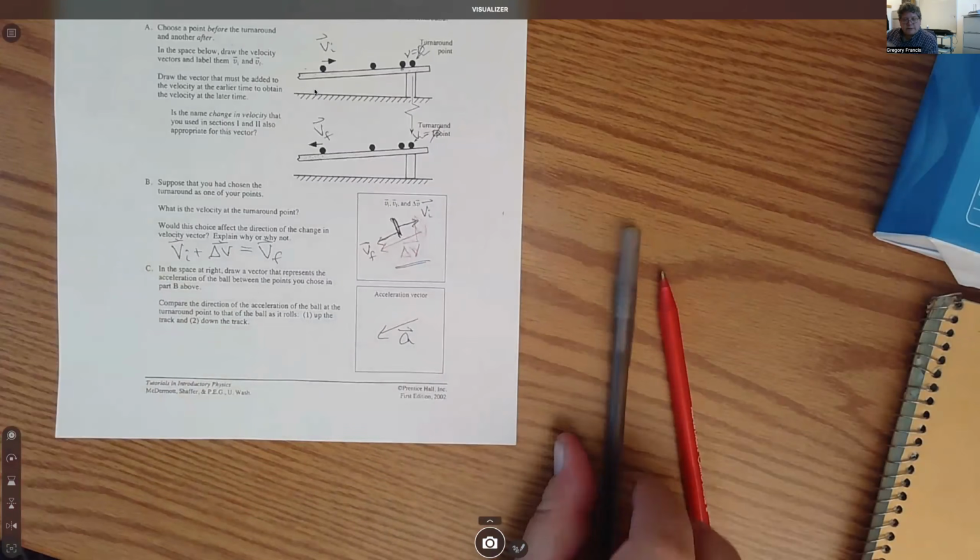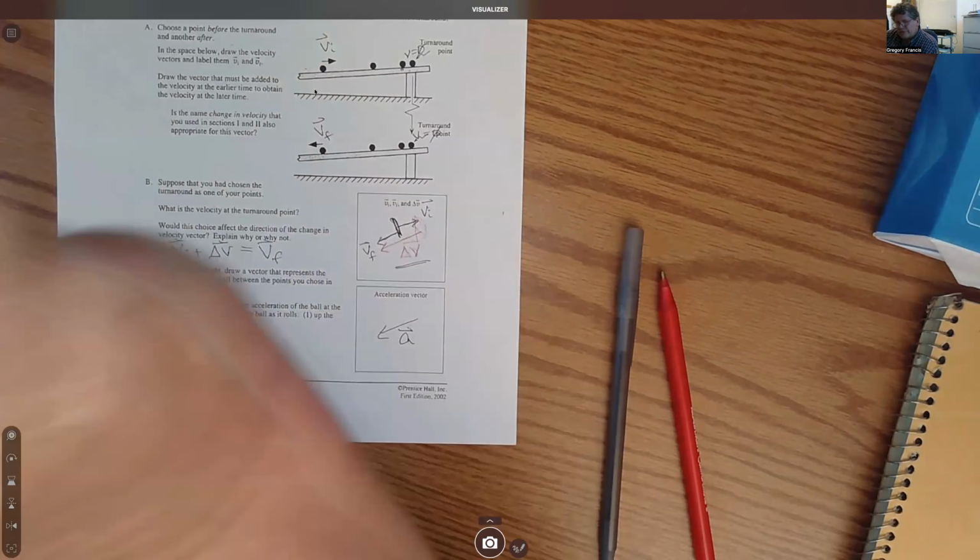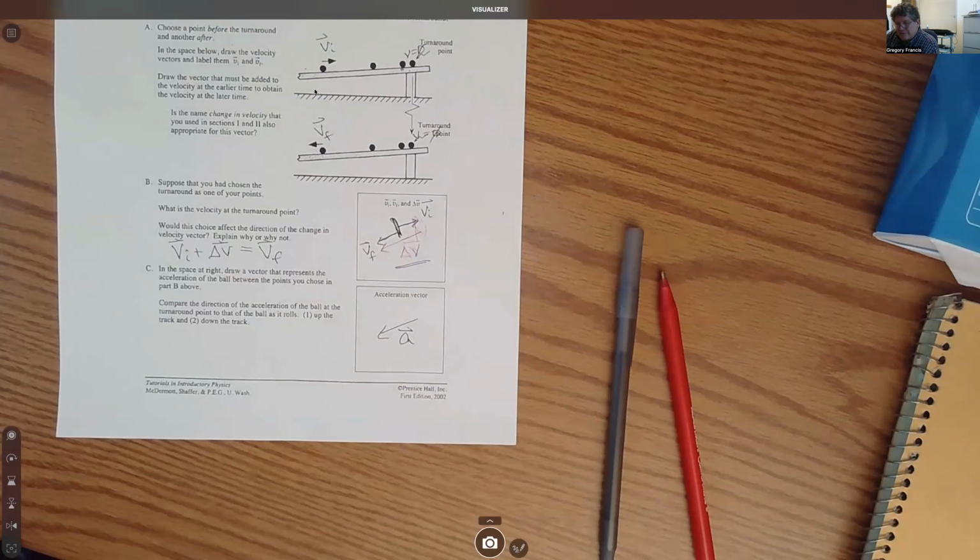Notice that acceleration at the turnaround point is not 0. It is not 0. I can't say that enough. If it were 0, the ball would roll up there, stop, and stay there forever. The acceleration is how much the velocity is going to change in the next little instant of time.